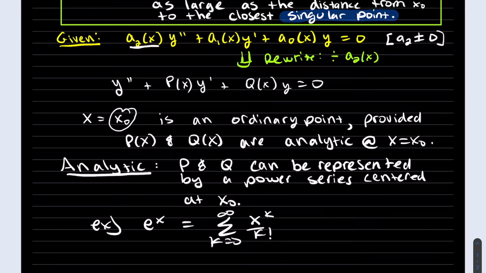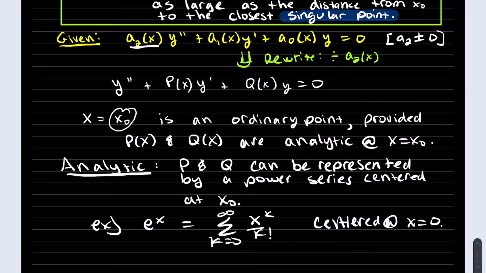So e to the x is clearly represented by a power series centered at 0. That's my x naught, and so that function is analytic at 0. So that would be my ordinary point.